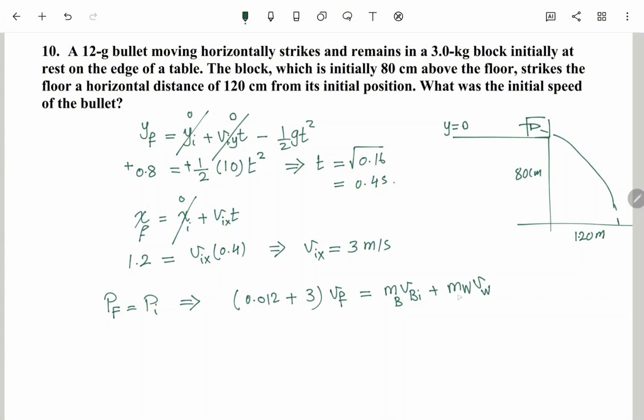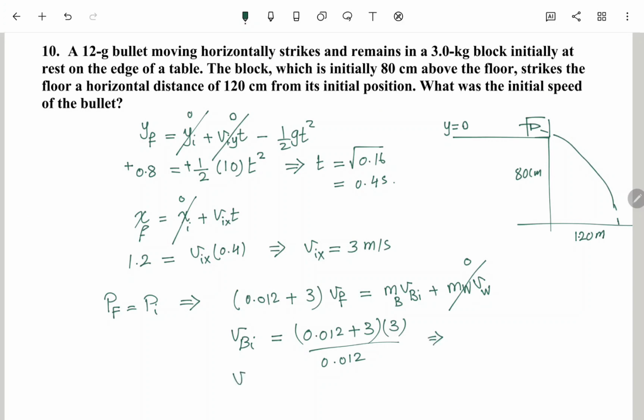Now the block is initially at rest, so this term will be equal to 0, and V final is actually equal to V initial, because on x the velocity is constant. In this case, V bullet initial equals 0.012 plus 3, times 3, divided by 0.012.